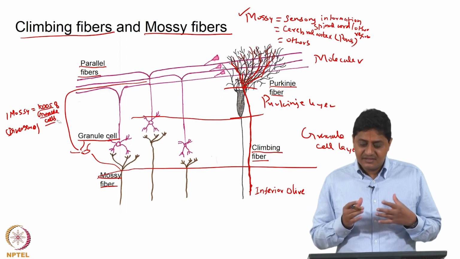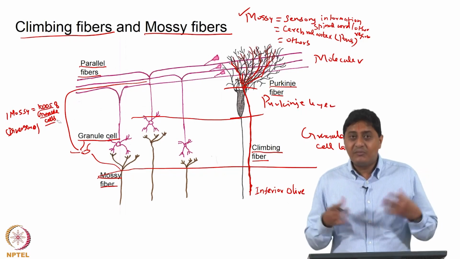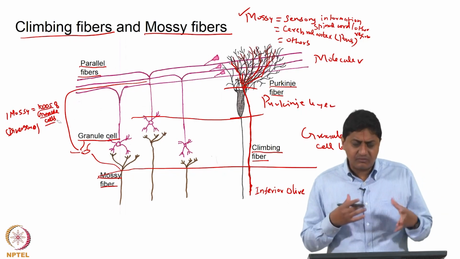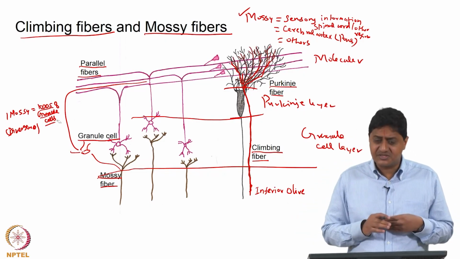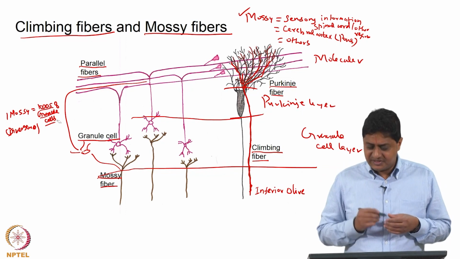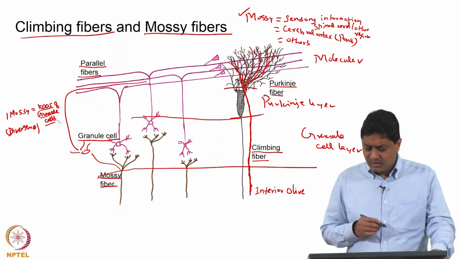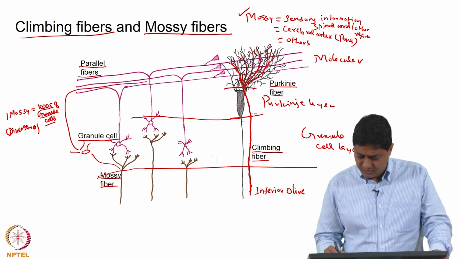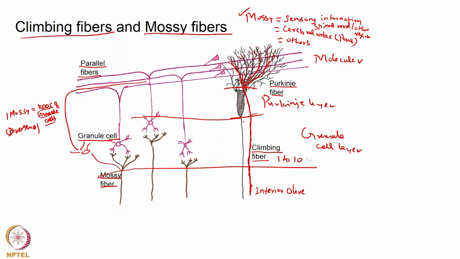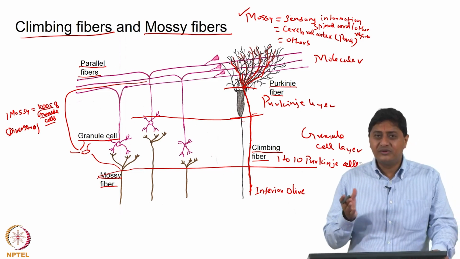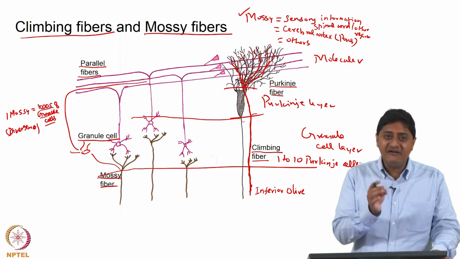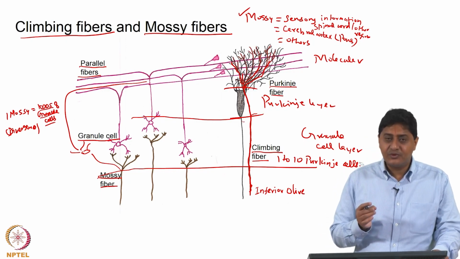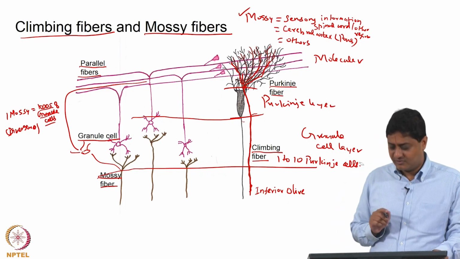So, one Purkinje cell receives a very large number of inputs, whereas one climbing fiber innervates about 1 to 10 Purkinje cells. So, one climbing fiber can activate about 1 to 10 Purkinje cells, but a given Purkinje cell receives input from only one climbing fiber. What do I mean by that?